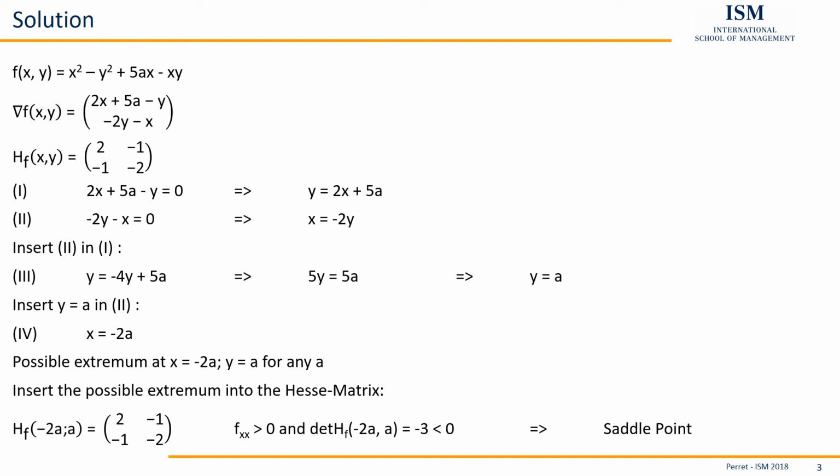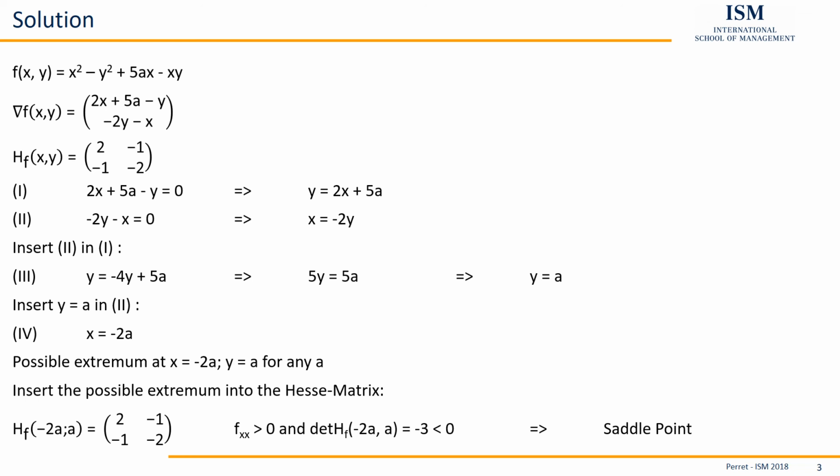What we can see here, the derivative twice for x is positive, but the determinant of this Hesse matrix, meaning 2 times minus 2 minus minus 1 times minus 1, is here minus 3, so it's negative. And if we have this combination, so in the upper left a positive value, but the determinant being negative, this is an indicator that we have a saddle point.